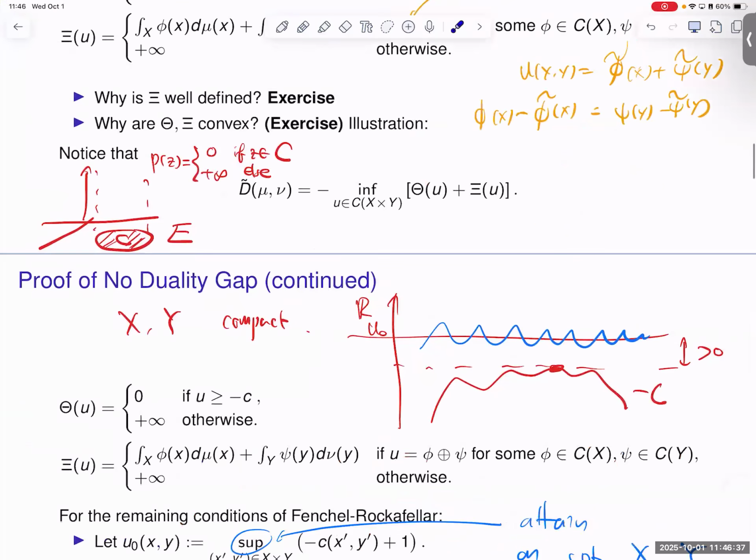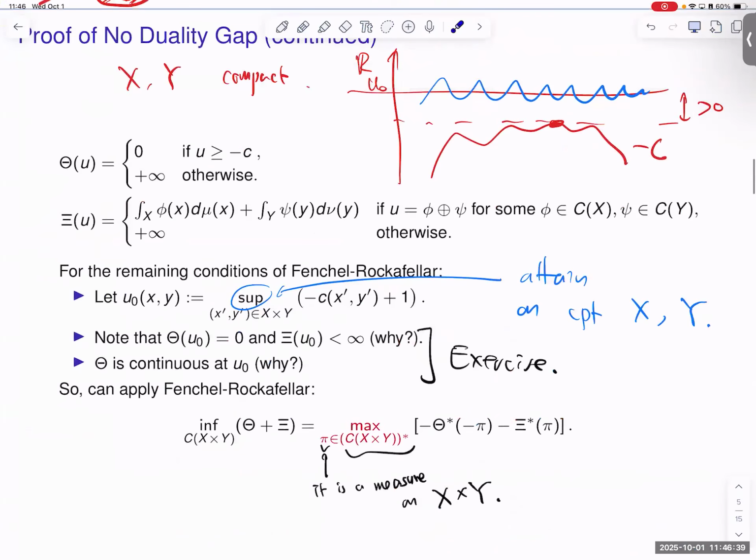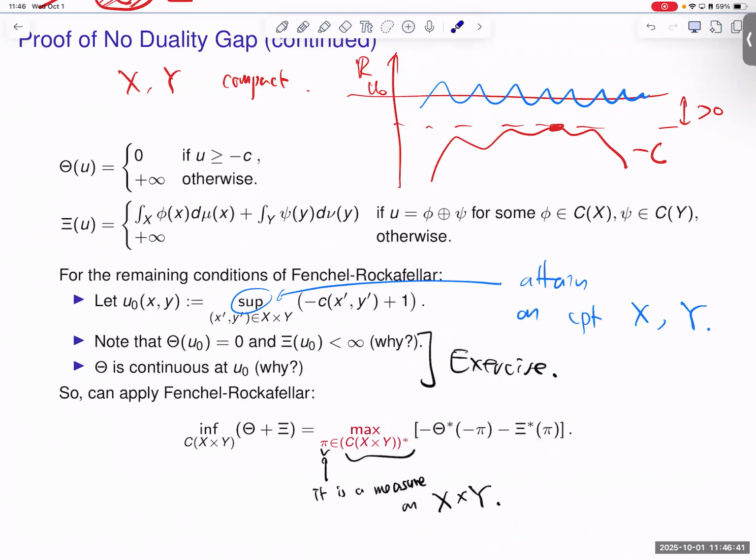Then we just want to identify this right-hand side as the negative of the original optimal transport optimal value. Okay, so we want to check whether this problem is exactly the same as the original optimal transport problem. That's what you want to check now.